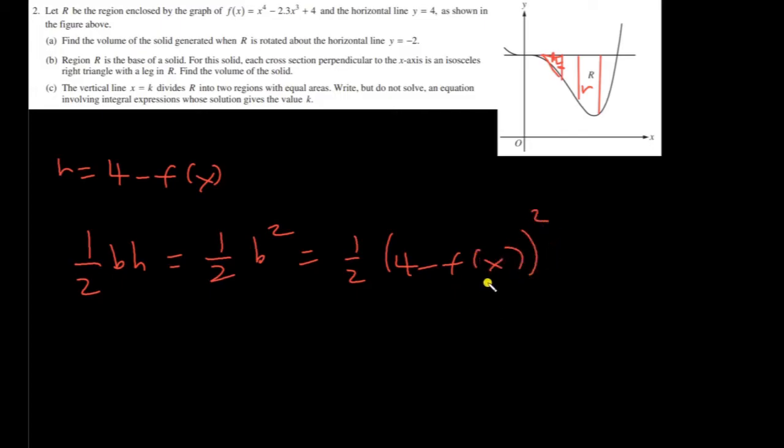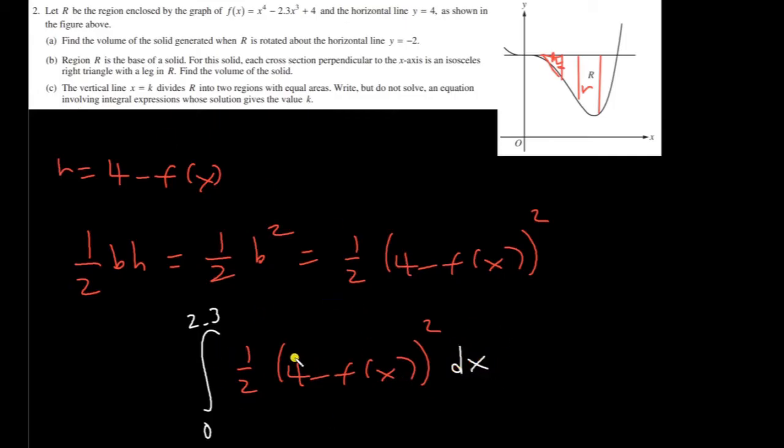Okay, so now that I have this, I can put this in my integral, because remember, I want to take all of these right triangles and add them up from 0 to 2.3. So I'll integrate from 0 to 2.3 and add up all of these little areas, dx.